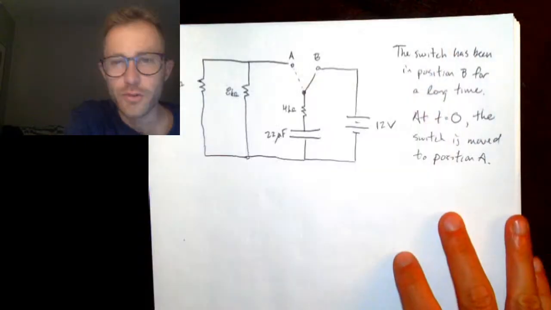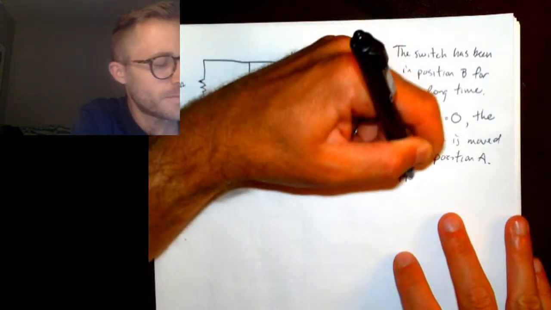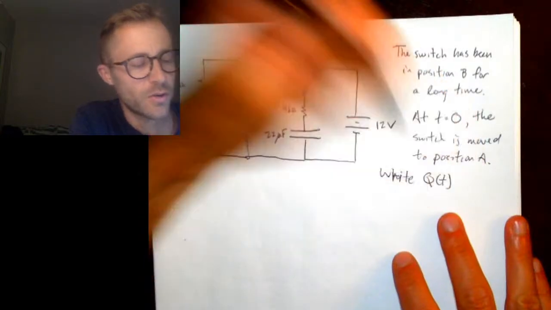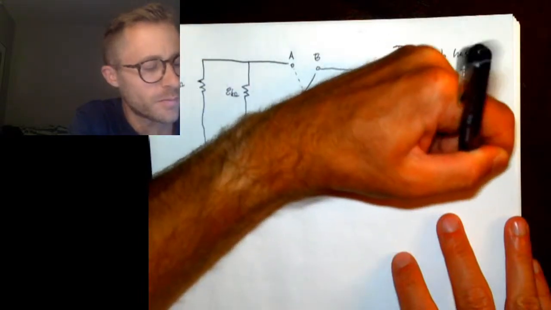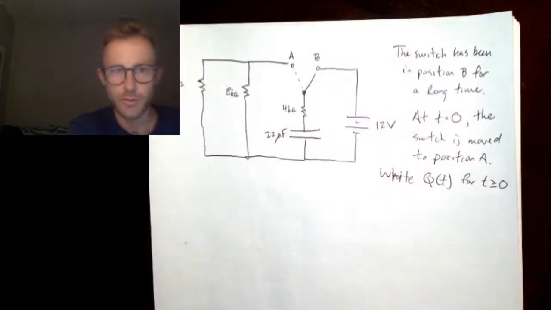And what we want to do is write the charge as a function of time across the capacitor, for time greater than or equal to 0. Okay, so after we flip the switch.